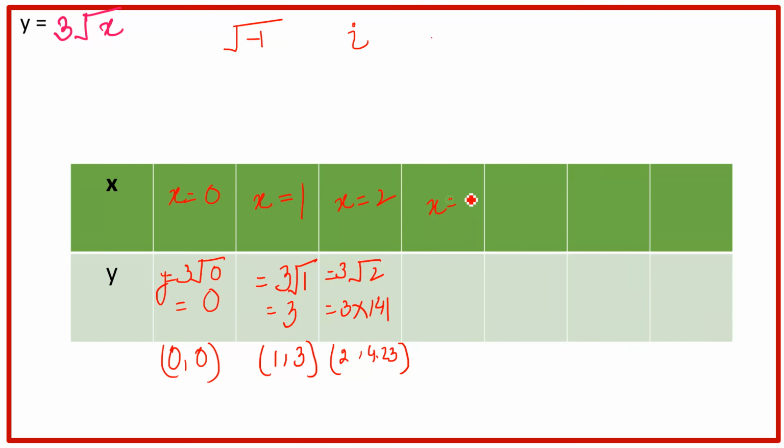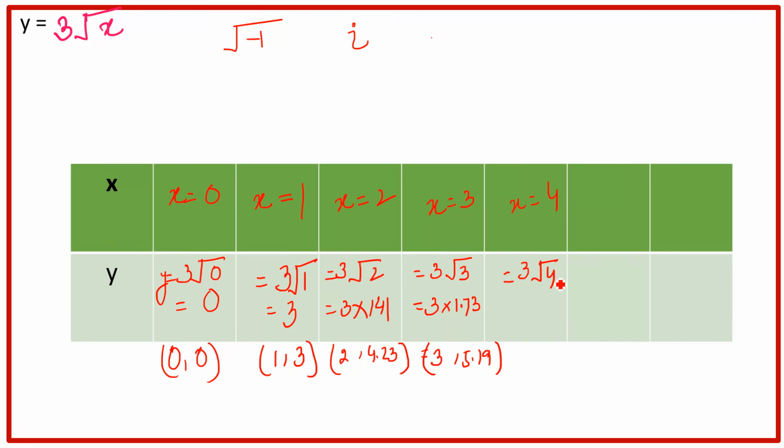Now put x is equal to 3 in this, and the value of under root 3 is 1.73. You can find it with the help of a calculator: write 3 and under root, you will get this. Multiply. So when x is equal to 3, multiplying these two, we will get 5.19. x is equal to 4. See, it is very easy.